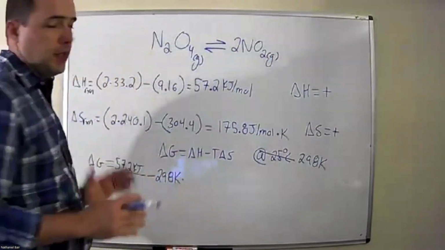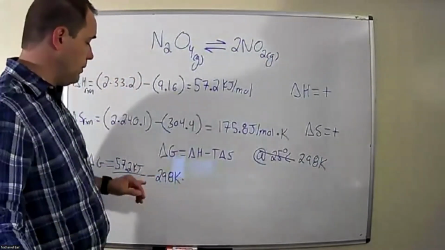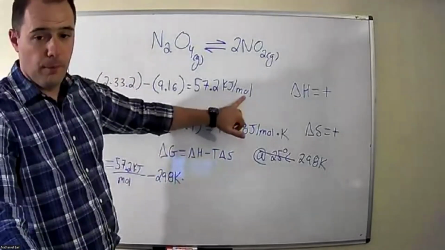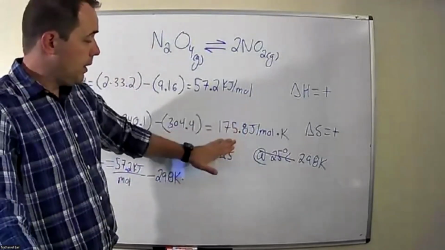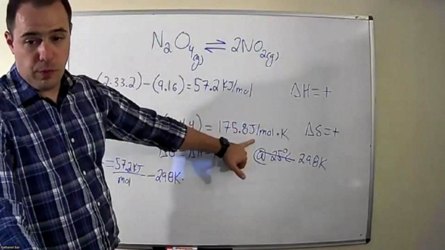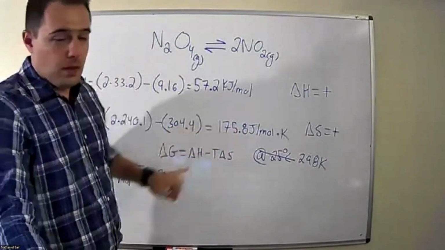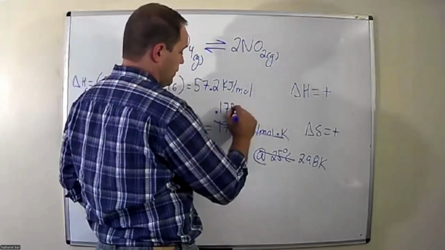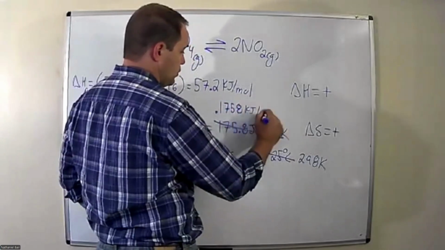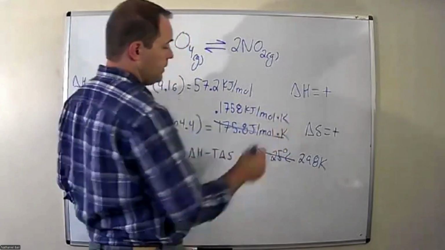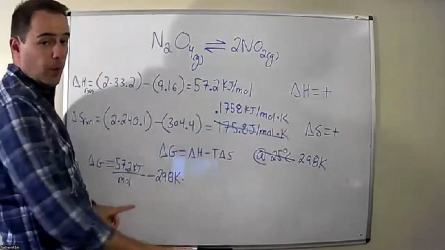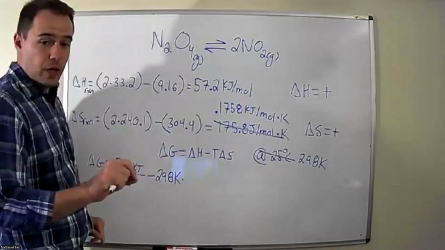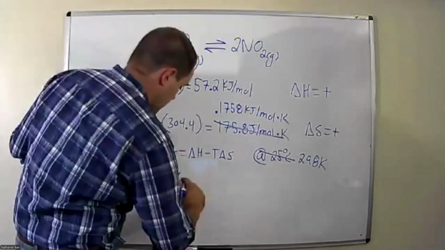And here's where you have to be careful. Because my delta H is in kilojoules per mole, my S cannot be left in joules per mole. I need to divide that by 1,000. So dividing this by 1,000 gets me 0.1758 kilojoules per mole times Kelvin. And now they'll both be kilojoules per mole. So please watch out for that.